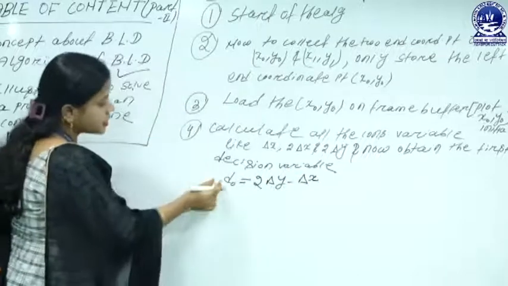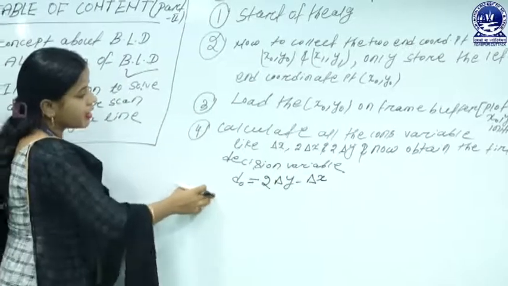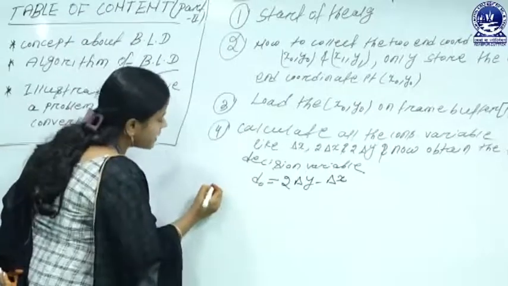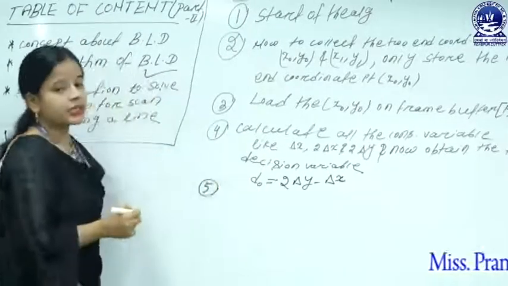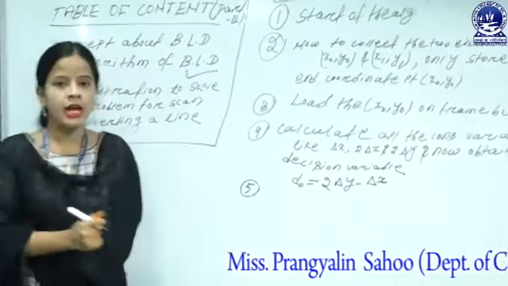After we find the first decision variable value, we have to choose the next pixel position by using two constraints.